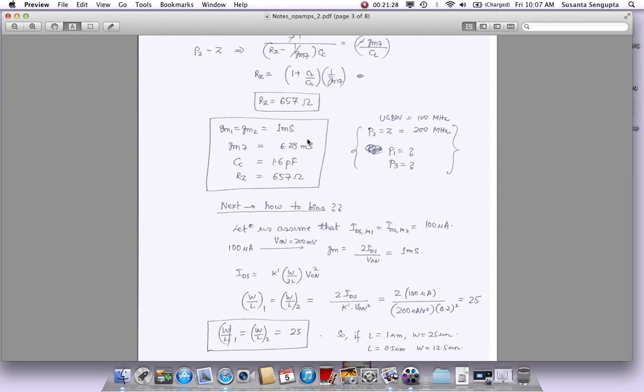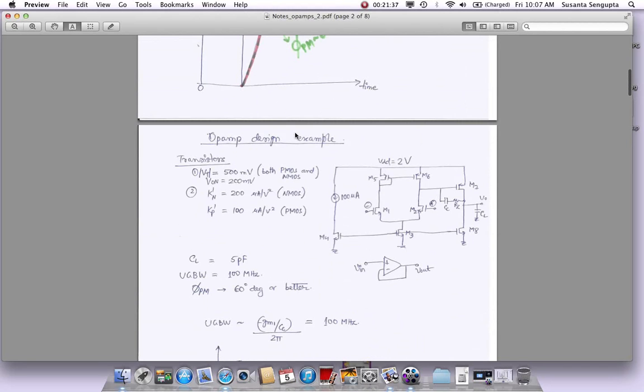Okay, so now the question to ask is, this is great, we have got all these values, but what do I do next? Remember, we said GM1 is 1 millisiemens. How is this device going to give you 1 millisiemens? Well, it has to carry some bias current, and it has to have some W over L values. We have not calculated any of that. So how do you put it in a simulator without knowing those two pieces of information?